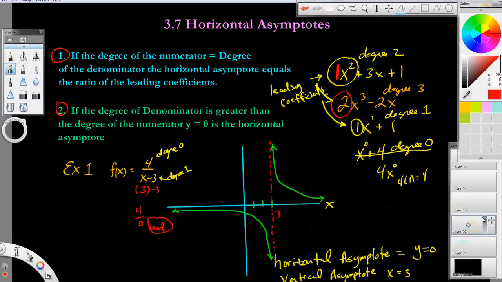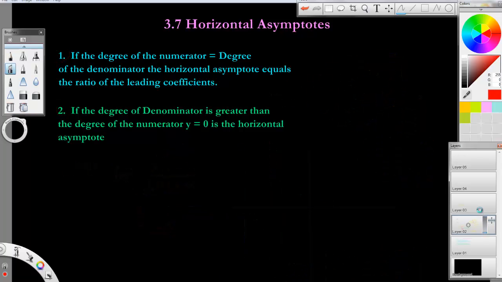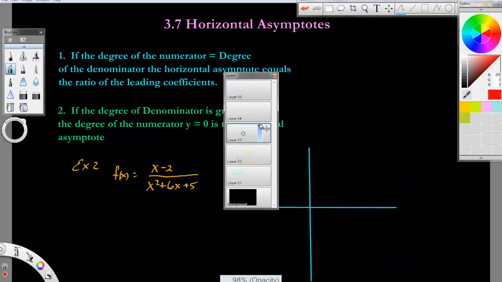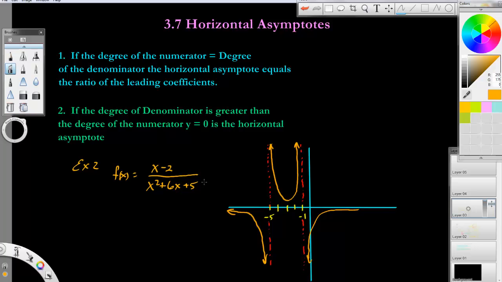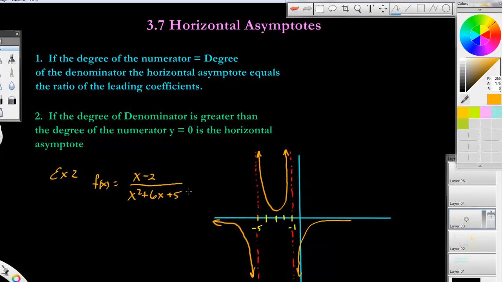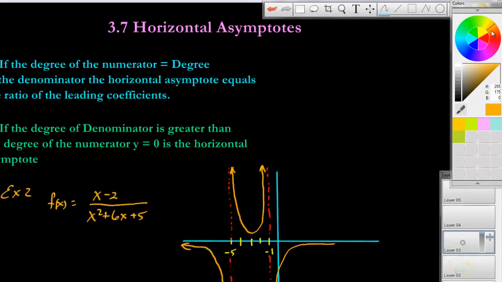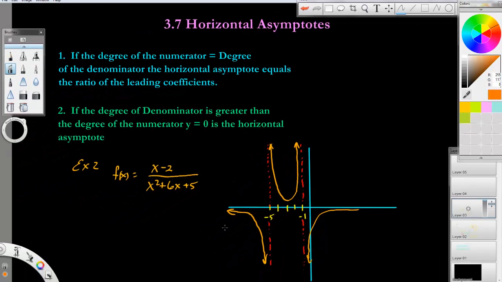So let's look at another example. You may want to watch that again. That was pretty fast. Let's look at a slightly more difficult example. This time I have a big old function, and I'm going to pause it and let's all graph it. All right, I went ahead and sketched a picture of this graph. Let's talk about the vertical asymptotes before the horizontal ones. The red vertical asymptotes are at -5 and -1.